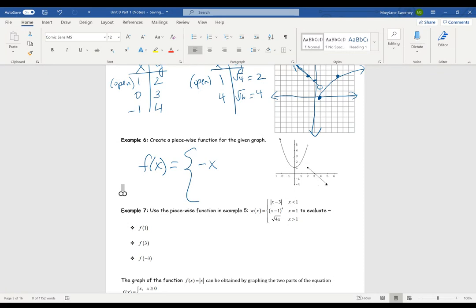The y-intercept would be at 3. But we're only doing this if x is greater than or equal to 2. And then the next one kind of looks like it could be a parabola shifted up 1 because it's going through 1. So that'd be x squared plus 1. And we're doing that if x is less than 2.